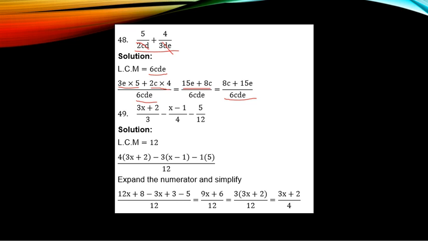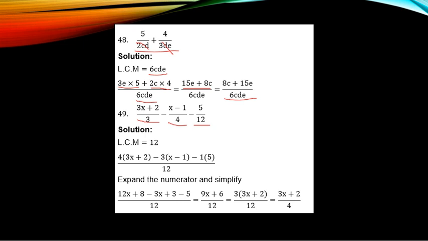Example 49, you have (3s + 2)/3 minus (s - 1)/4 minus 5/12. This is already a balanced fraction.